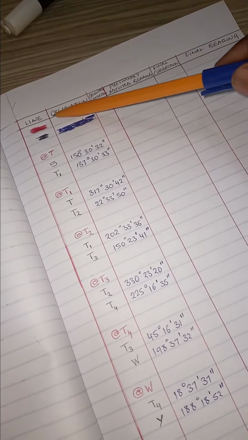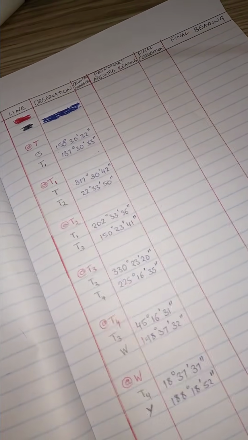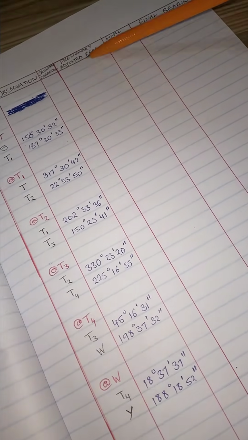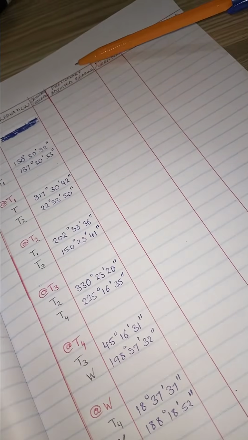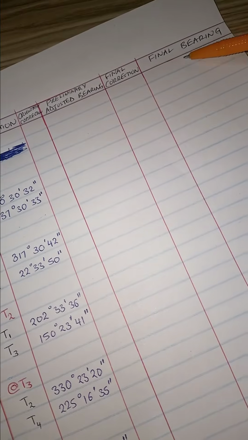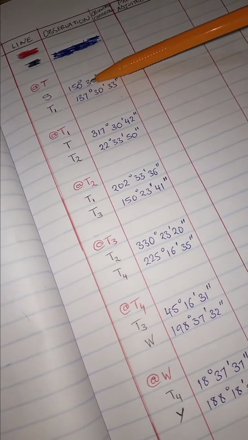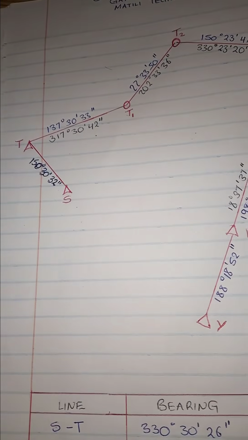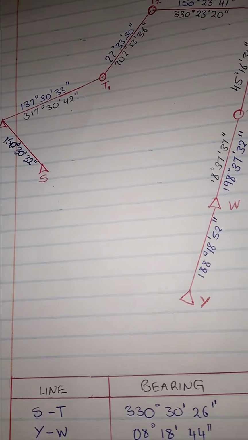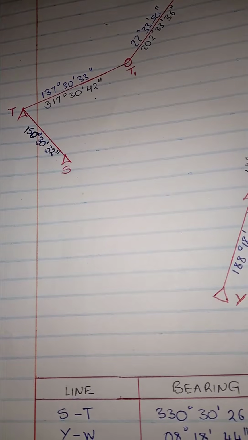On our bearing sheet, the first column is the line, the second is the observed bearings, then the orientation correction, then the preliminary adjusted bearings, then the final correction, then the final bearings. These values I have just translated from the traverse that we have been given in the question.